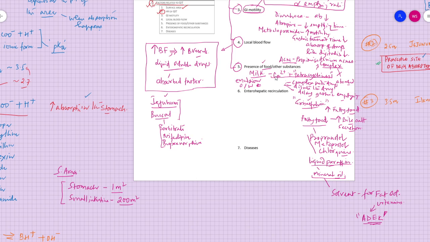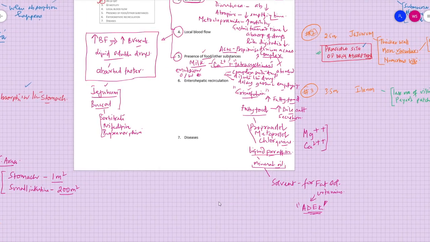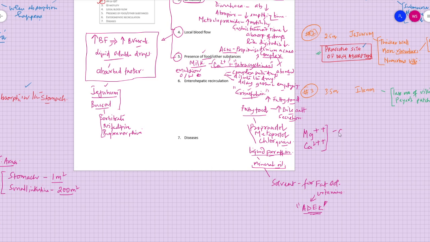The other important example when we talk about calcium is calcium-containing drugs, or divalent ion-containing drugs. Which are they? The important divalent ions which are not absorbed are magnesium and calcium. The drugs that contain magnesium and calcium are antacids.